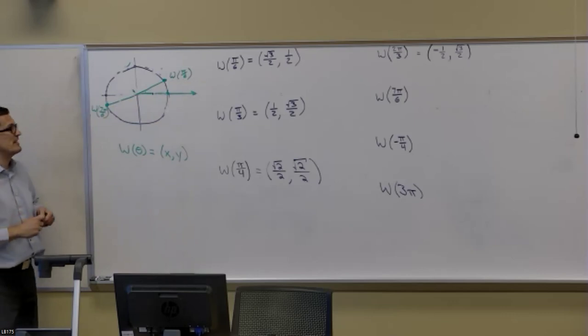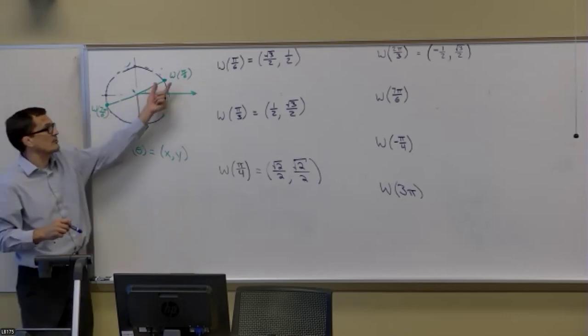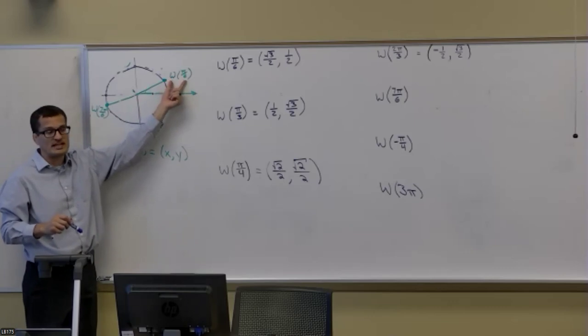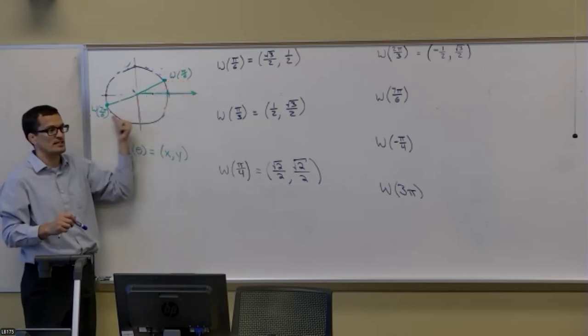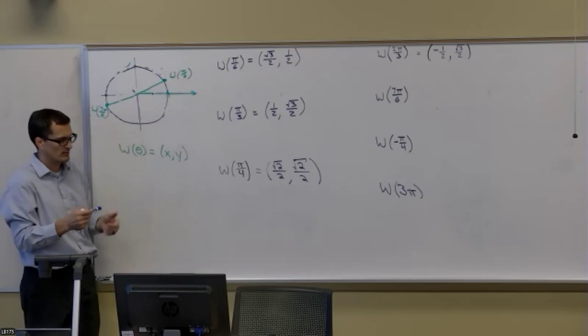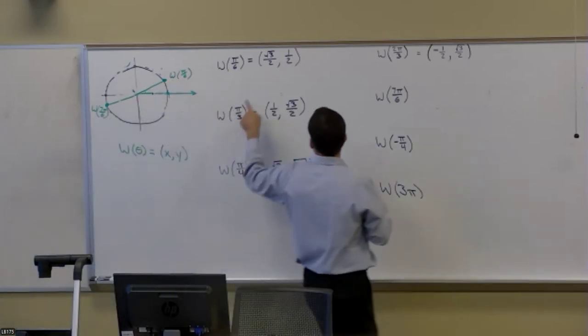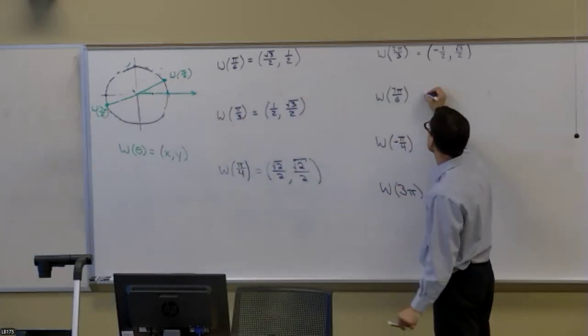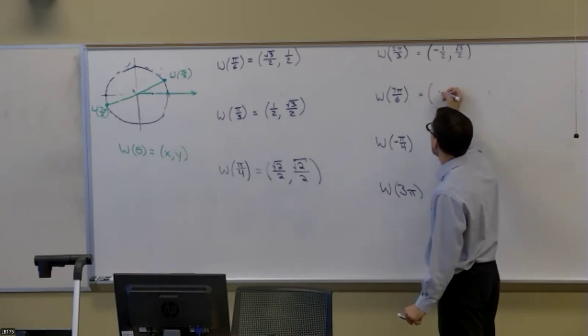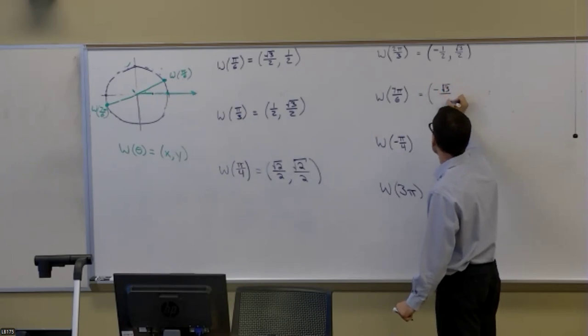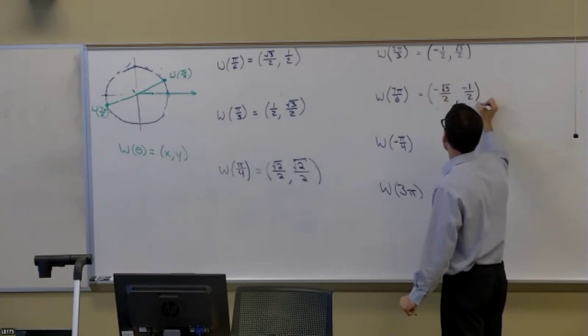If I project that through the origin, I'm going to take the wrapping function output of pi over 6 and just negate the x value, negate the y value. So I go back to this one. I'll negate the x value, that'll become negative root 3 over 2, and then negative 1/2.